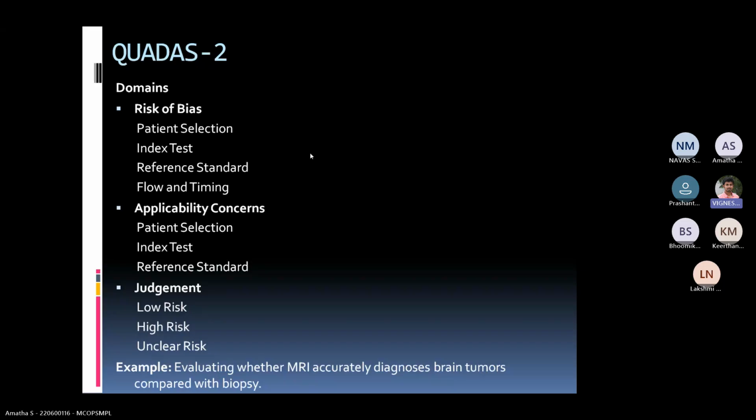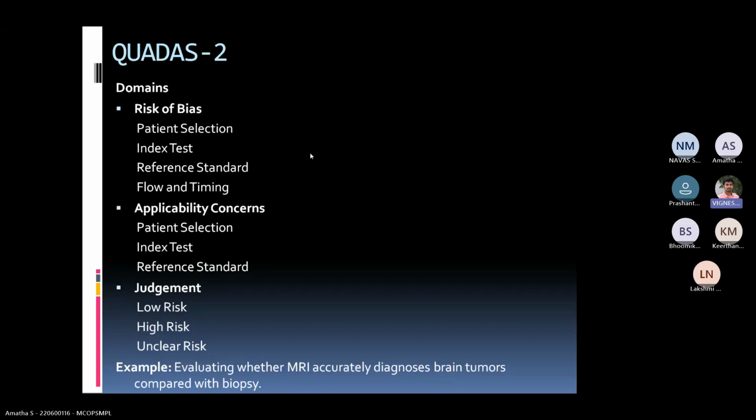Why should I waste money on MRI? I can go directly to biopsy. So there is some kind of bias between the things. Then we can use this kind of risk of bias assessment. These are the parameters you have to consider. Index test means the primary test that we do. If you are comparing biopsy with MRI, the preliminary test is the index test.